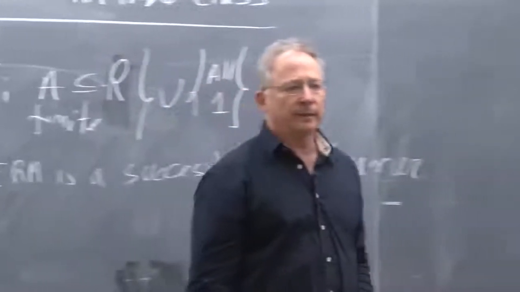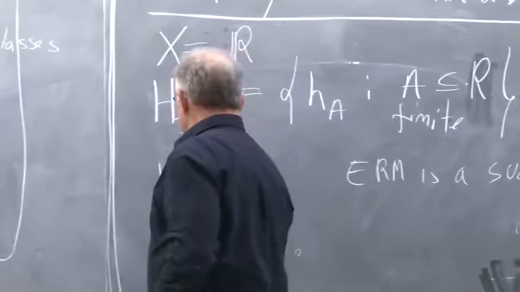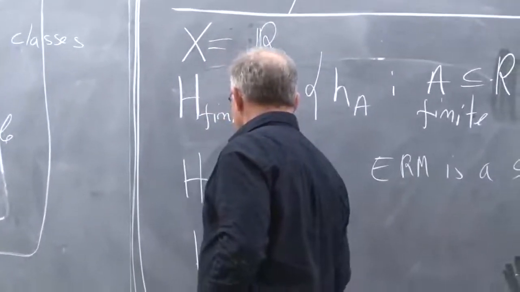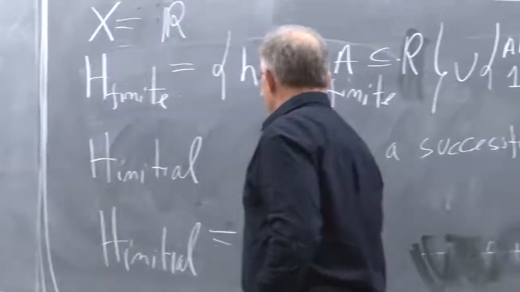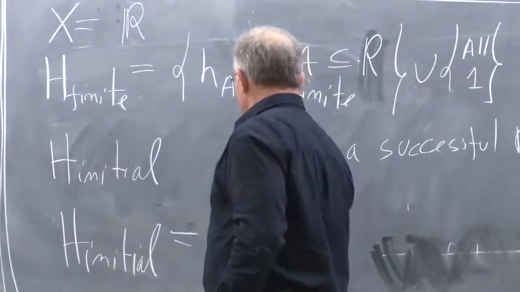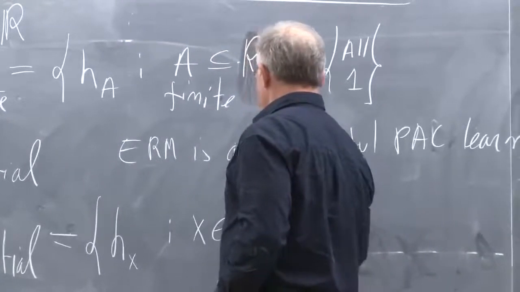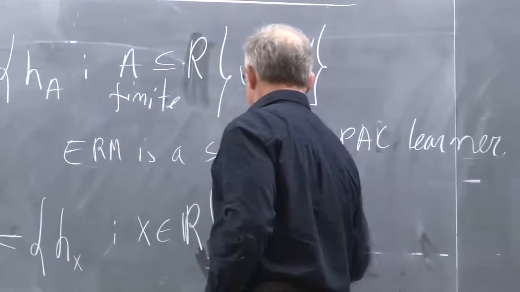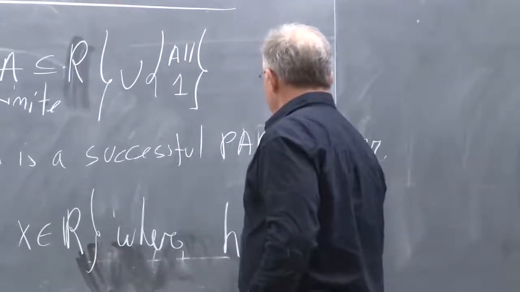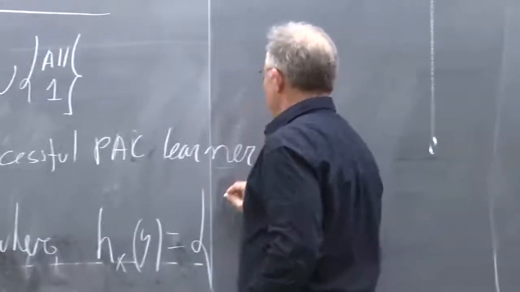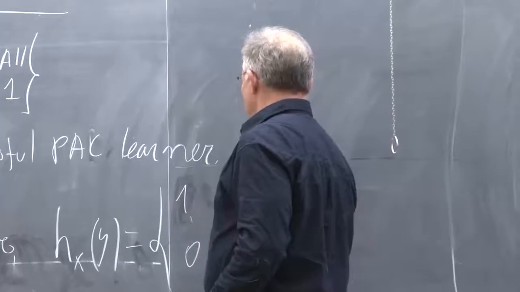What was H initial again? H initial, just to remind you, is the set of all h_x such that x is in R, where h_x of a point y is 1 if y is below x and 0 otherwise.